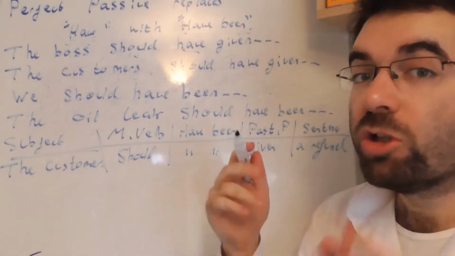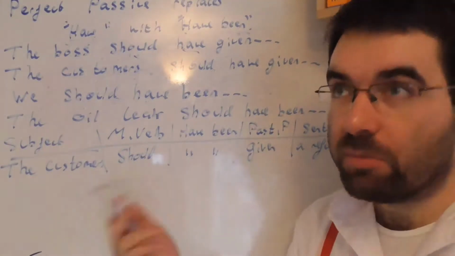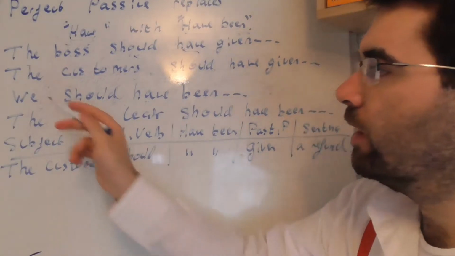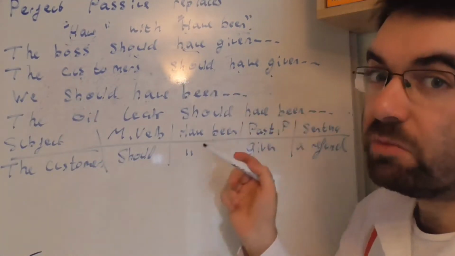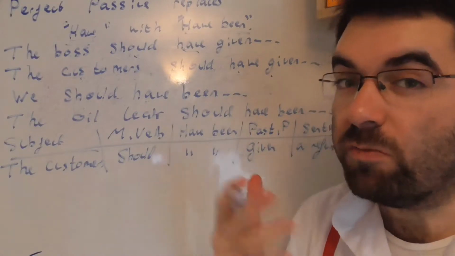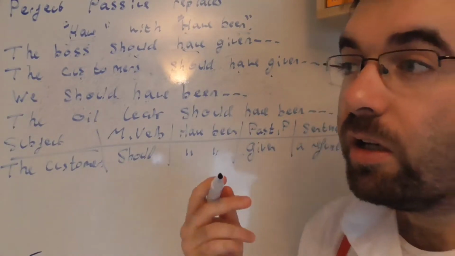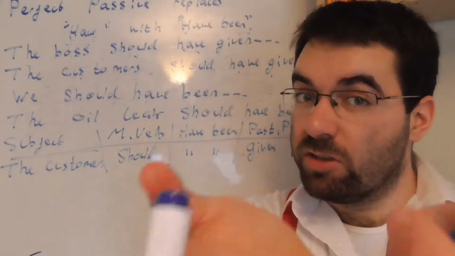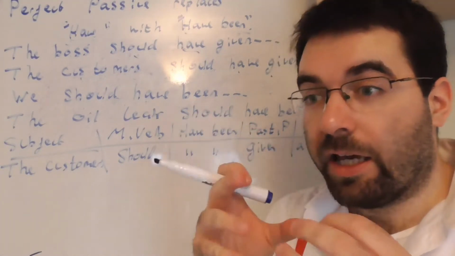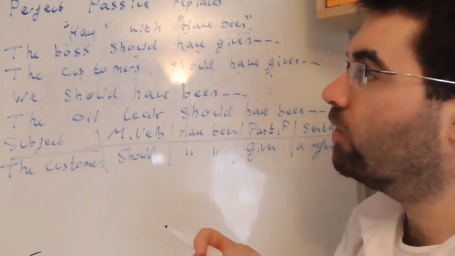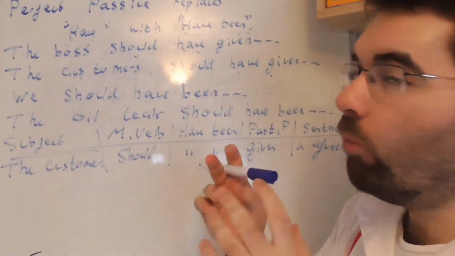A refund should have been given by the boss. The customers should have gotten, maybe should have been given a refund. A refund should have been given to the customers. Have been, talking about things that have occurred, process of changing and being, or from one thing to another.